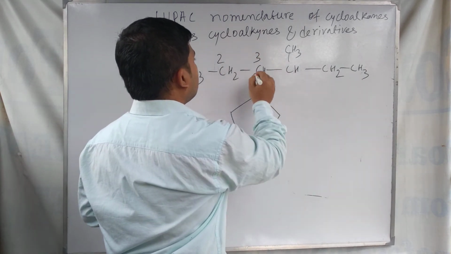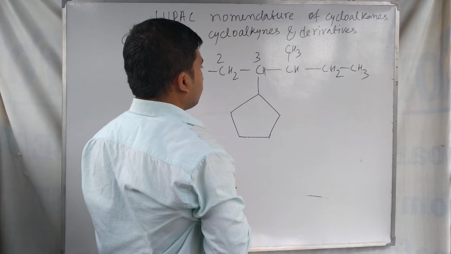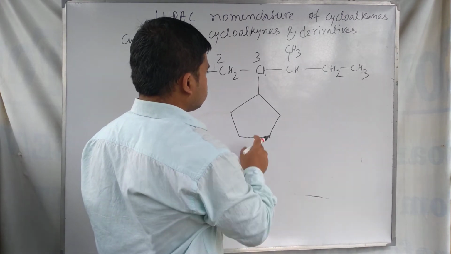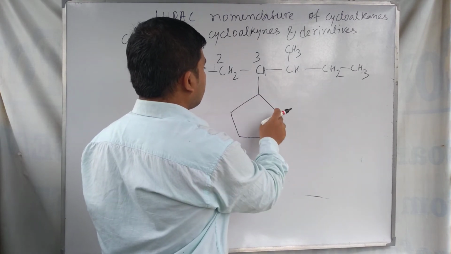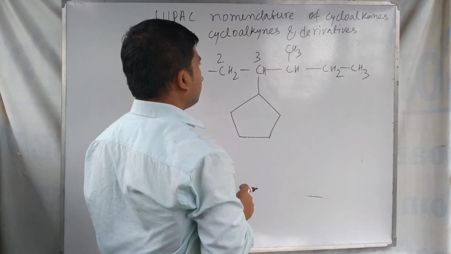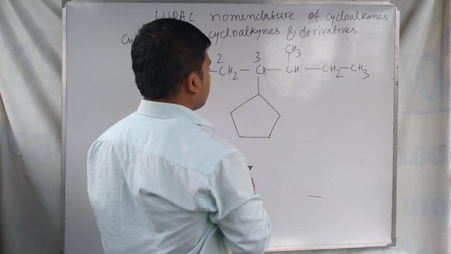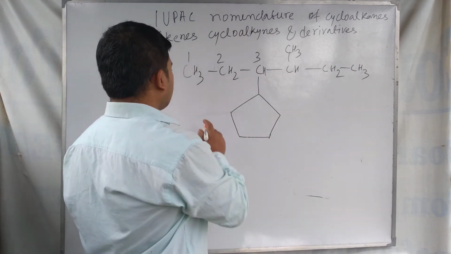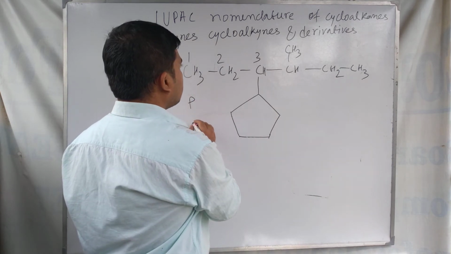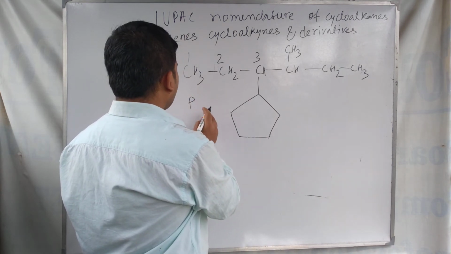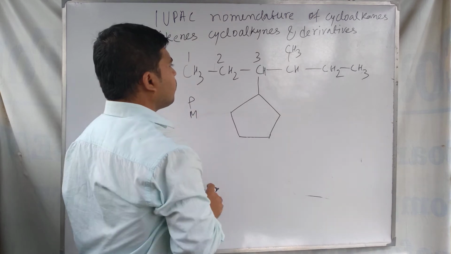The name should be like cyclopent, 1 2 3 4 5, pent. P, M, N, O, P, M is coming first.